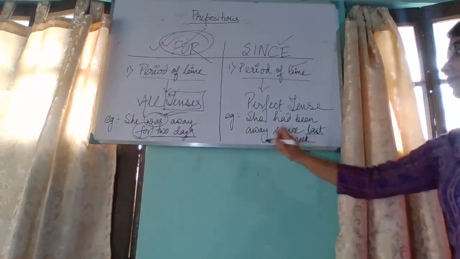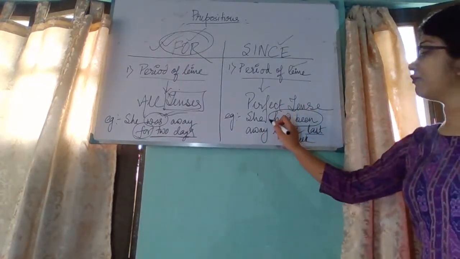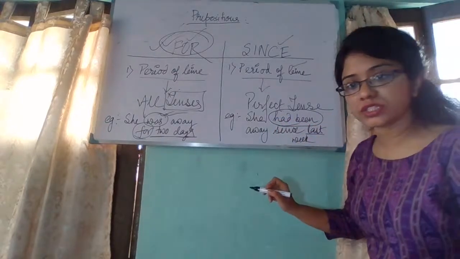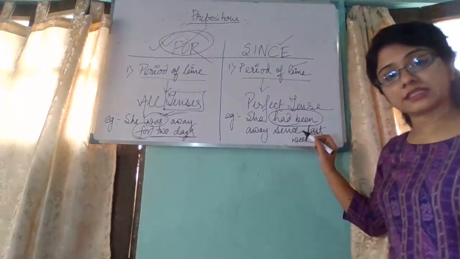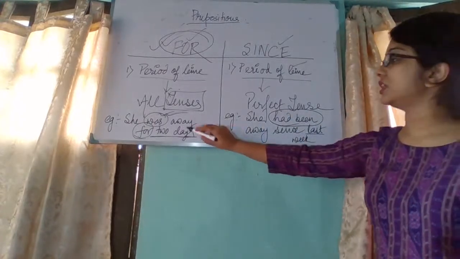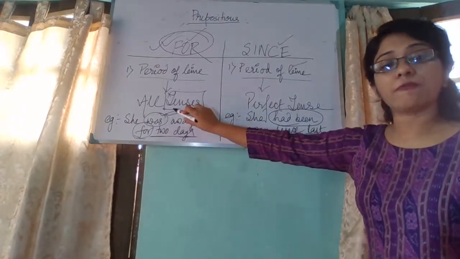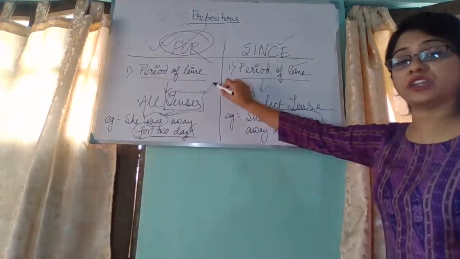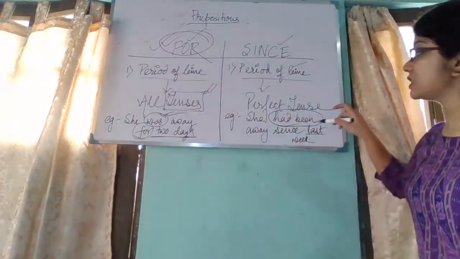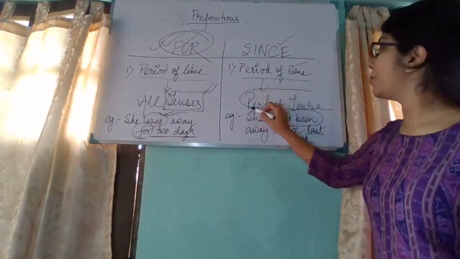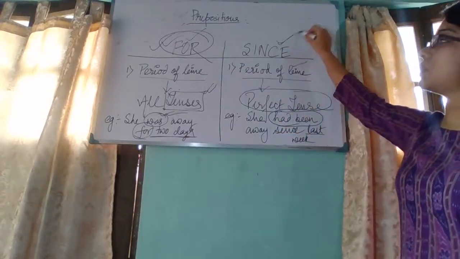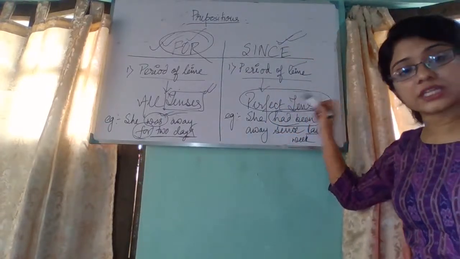Last week is a period of time, and we are using perfect tense. Got it? For can be used with all kinds of tenses, but since is always used only with perfect tense.